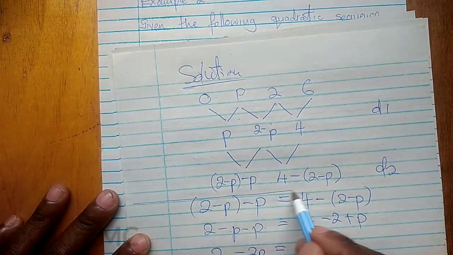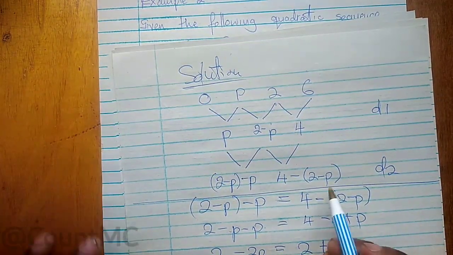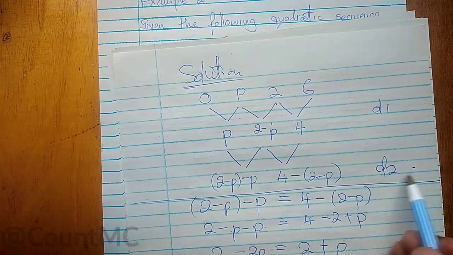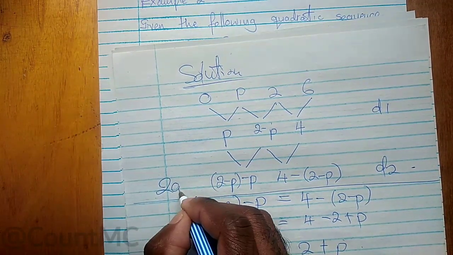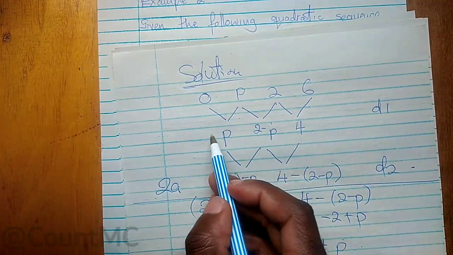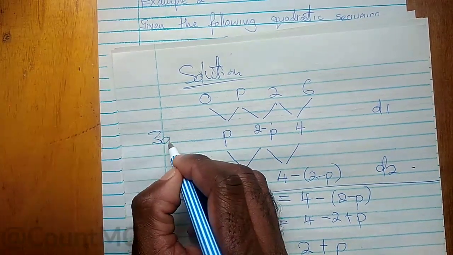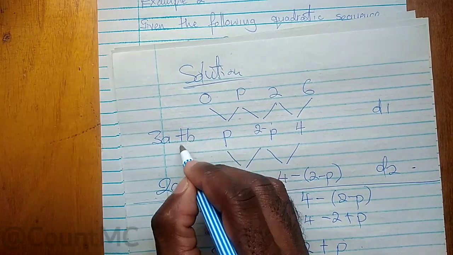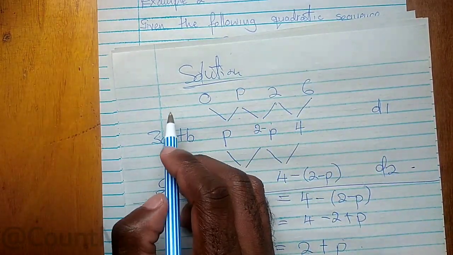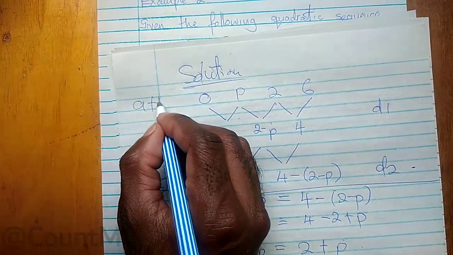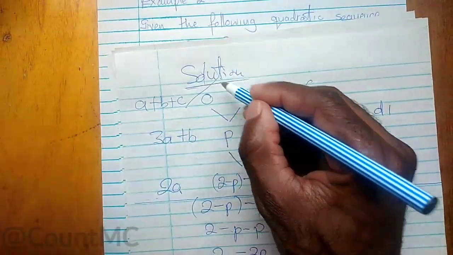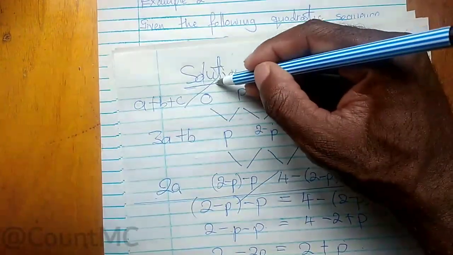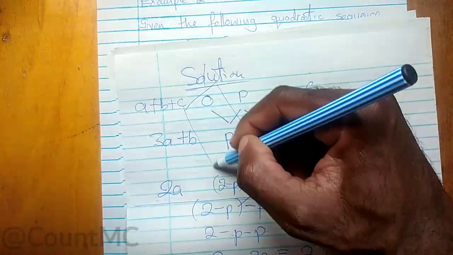Now, if you recall, you said you come to the second difference and you write 2a. The first difference you write 3a, then you say plus b. On the sequence you write a plus b plus c. Then we said you only use the first line.